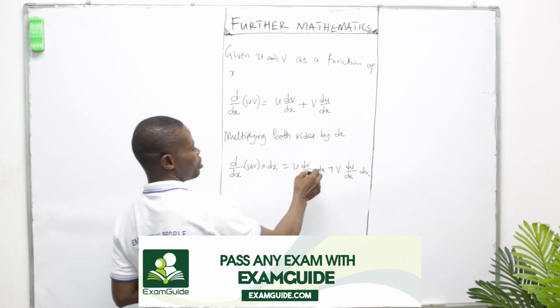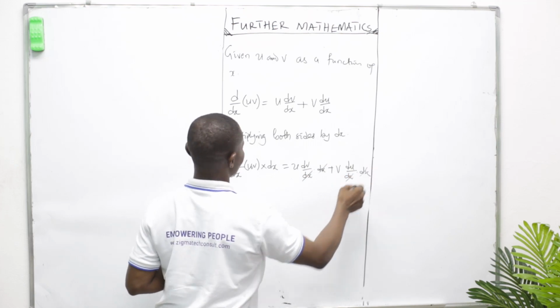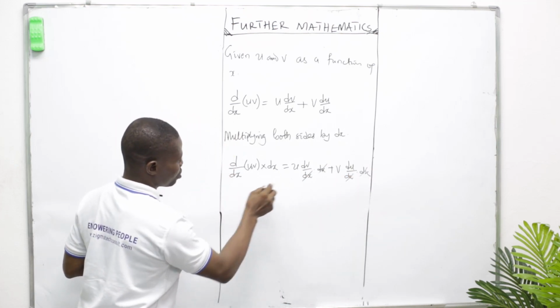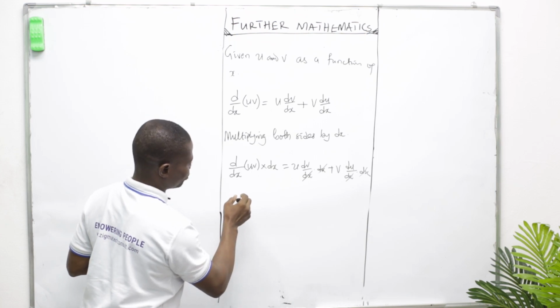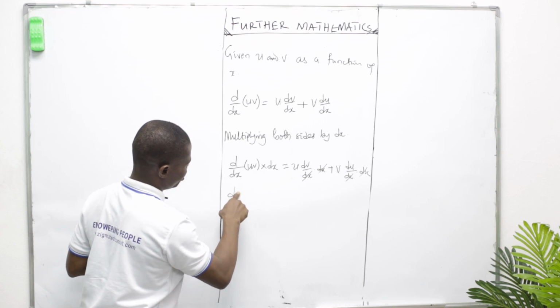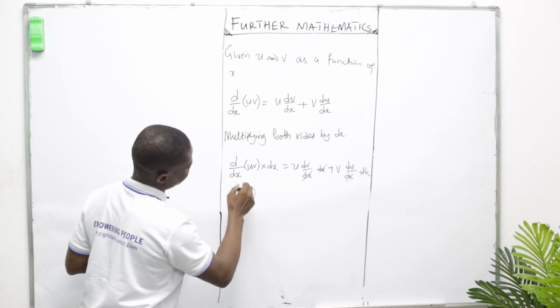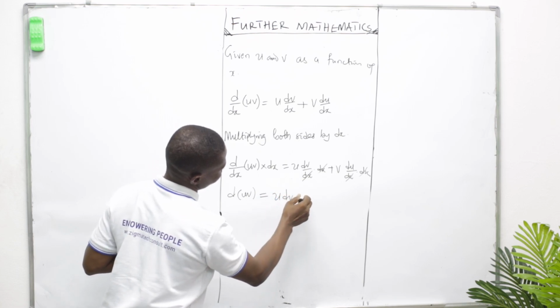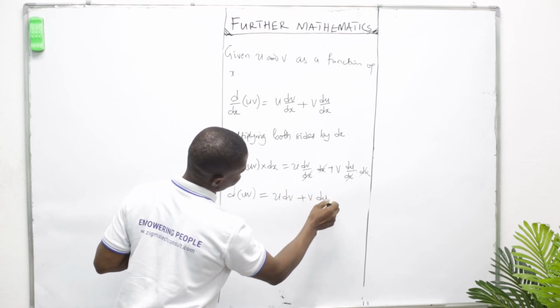If you watch very well, this will cancel, this will cancel, so that we are going to have d(uv) equals u dv plus v du.